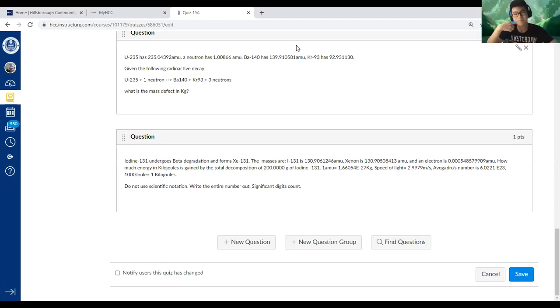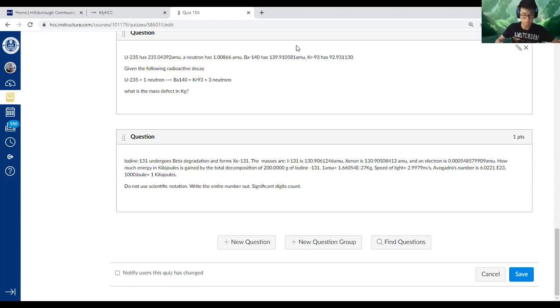Basically, iodine undergoes beta decay, okay? Which means that it loses an electron. A neutron gets converted into a proton, okay?